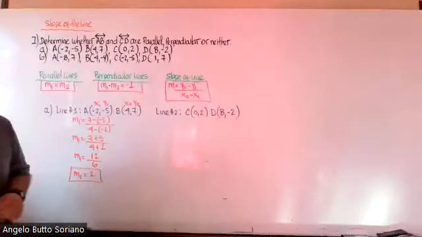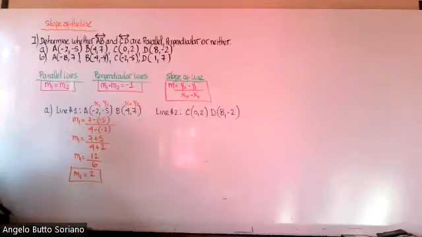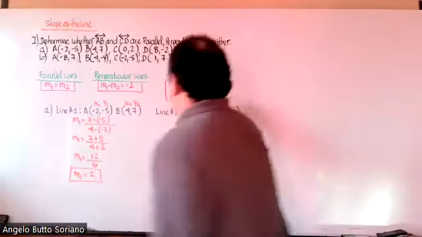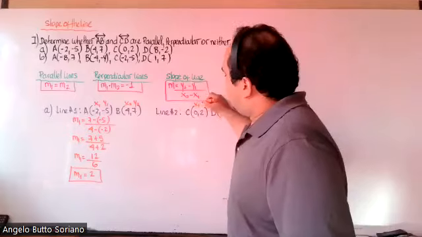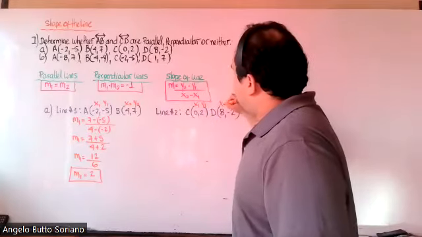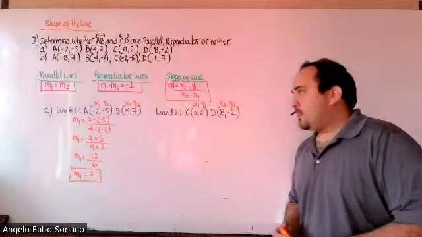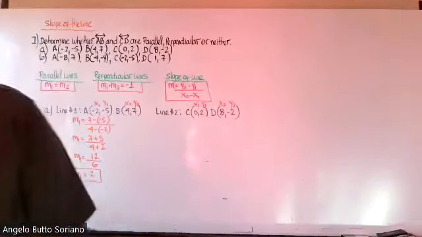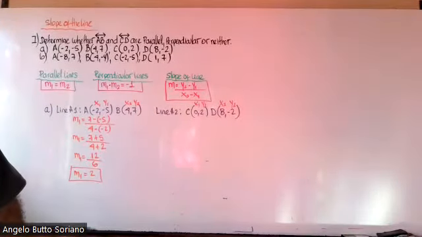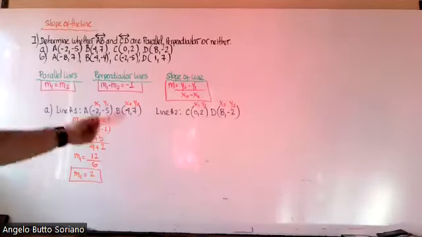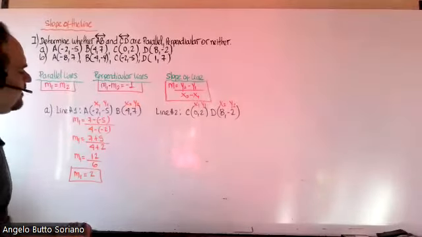Okay, let's apply the same formula. You can call these x1, y1, x2, and y2. What we have to do in this case is simple. The only thing we have to do is apply once again the same formula.